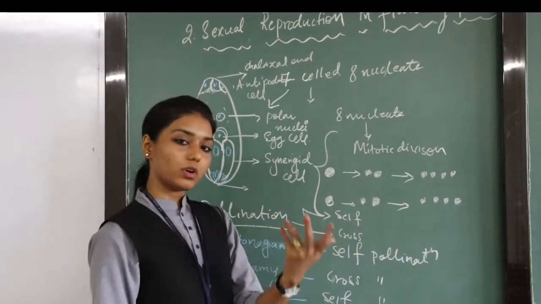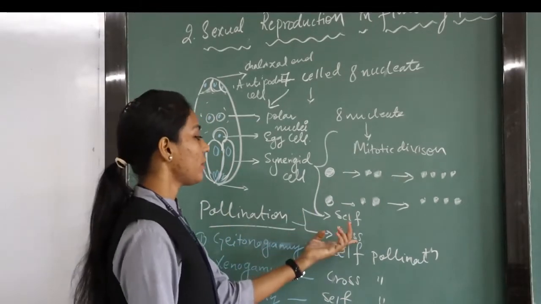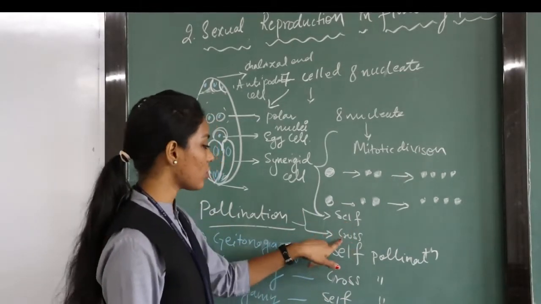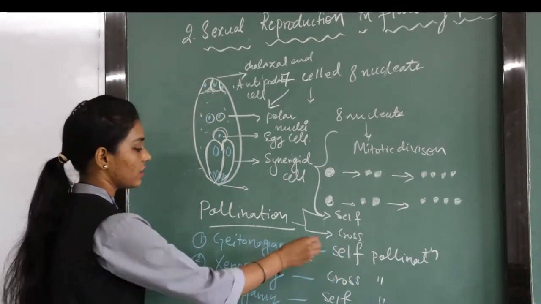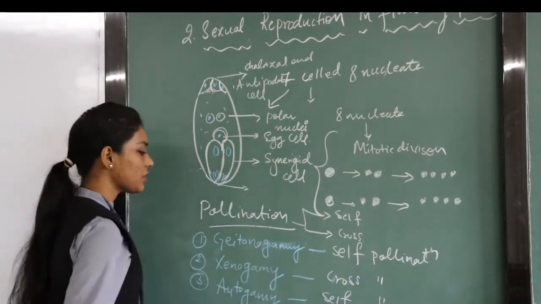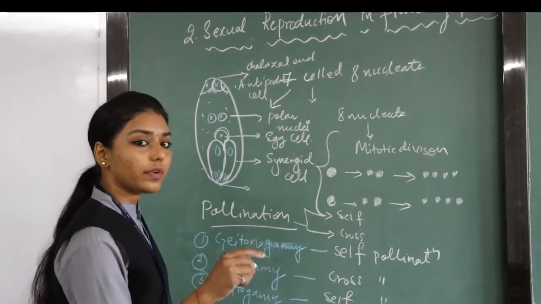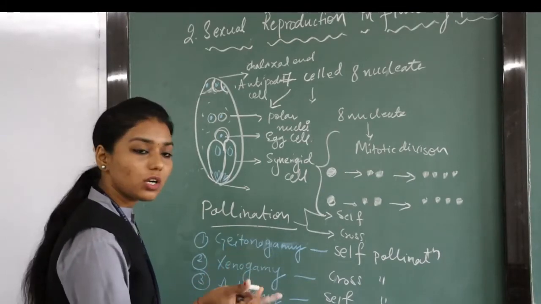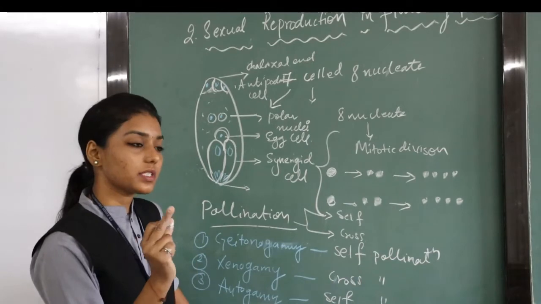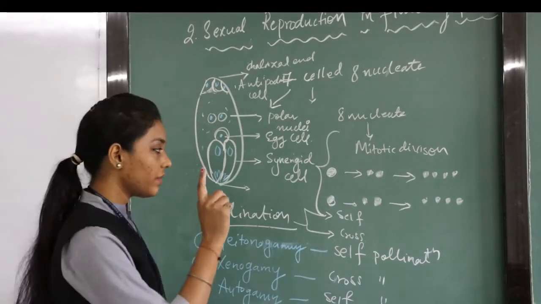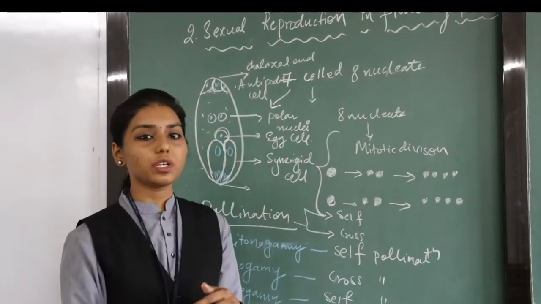If the pollen grain is transferred from anther to stigma of a different plant, it is called cross-pollination. Geitonogamy is transfer of pollen grain from anther to stigma of the same plant, but of a different flower. There is only one plant, but a plant has 2 to 3 flowers.